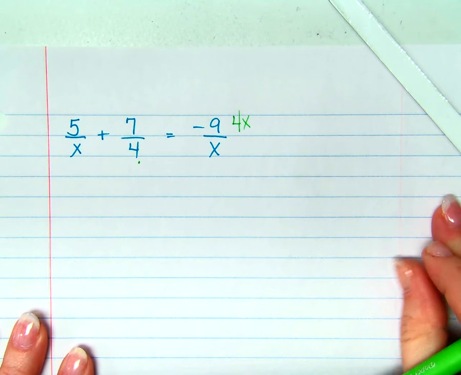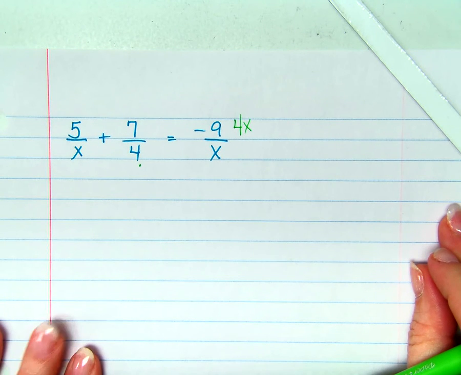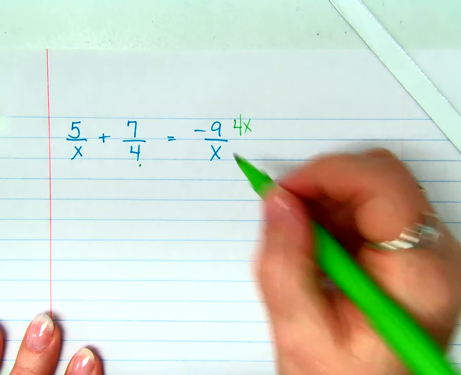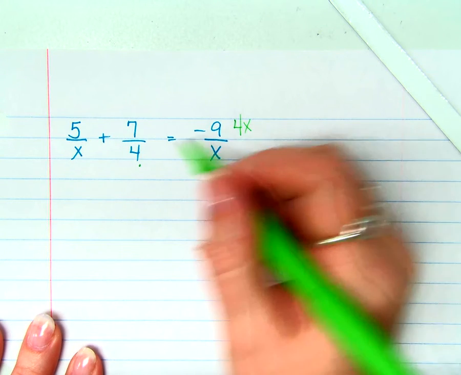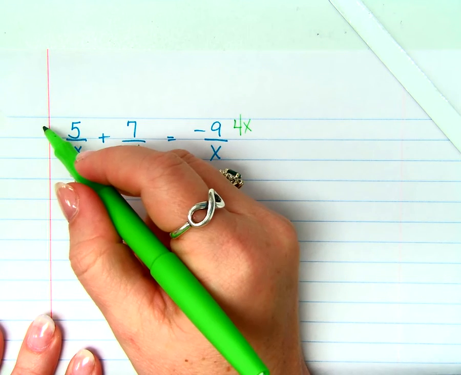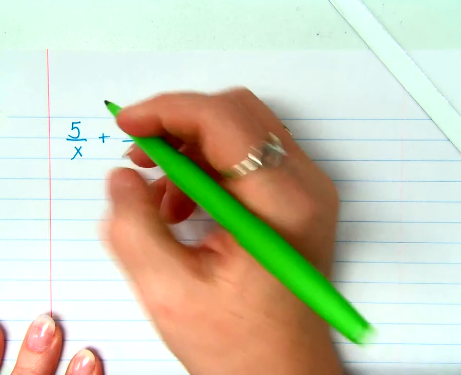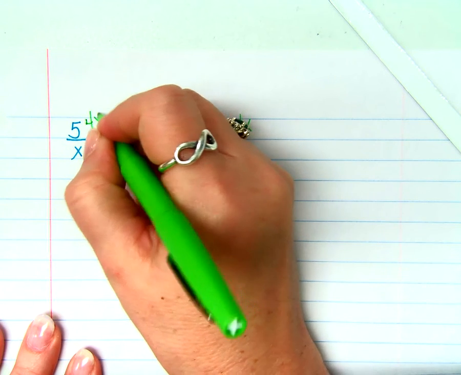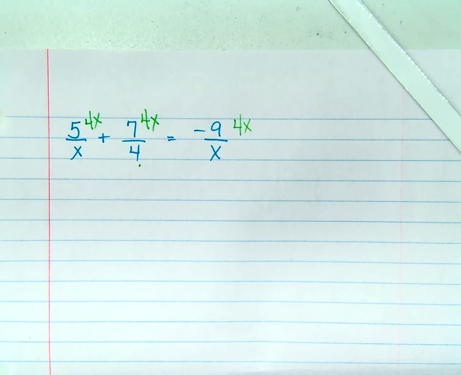Now, we're going to skip a step, and I can skip a step as long as you understand the step I'm skipping. Okay? I multiply this whole side of the equation by 4x. What would happen if I multiplied this whole side of the equation by 4x? Wouldn't I have to distribute it to each term? So can I go ahead and, when I write it, distribute it already to each term? Can I do that and you understand the math behind it?